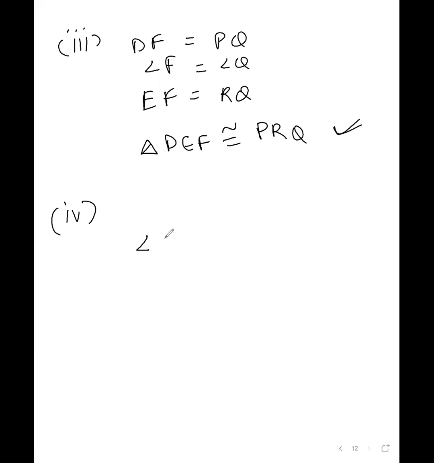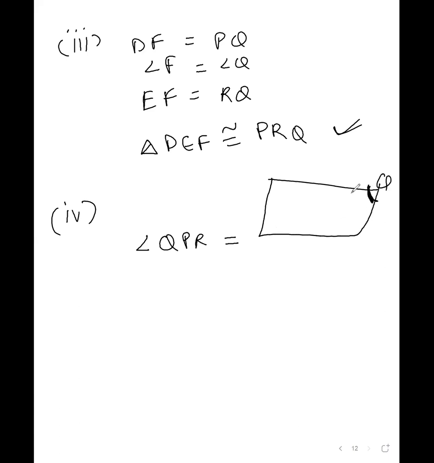Oh yeah, sorry. Angle QPR is corresponding to RPQ. RQP. Which one is angle RQP, Hiba? Angle RQP is the one that is angle Q. Angle RQP is this angle.